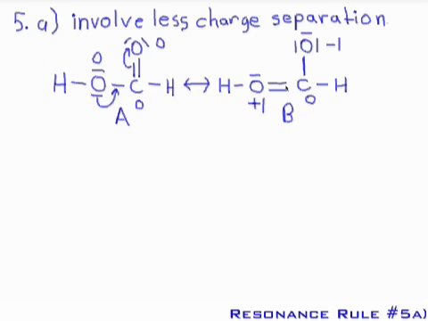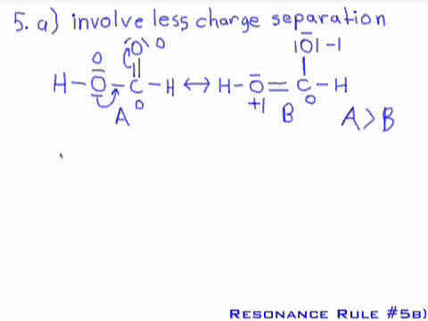Structure B on the right has a plus and minus charge that is separated. This separation takes energy, making B less of a contributor. The actual resonance contributor A is that structure that is most like the resonance hybrid. So A makes the greatest contribution, greater than B.